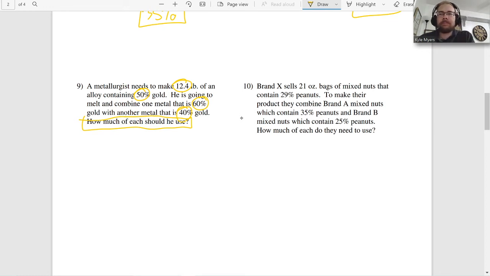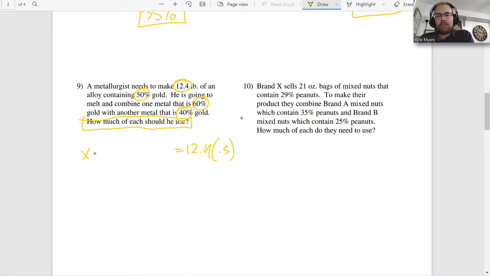Okay. He needs to make 12.4 pounds of an alloy containing 50% gold. So the end product is 12.4 pounds and it's 50% gold. He's going to melt and combine one metal that's 60% gold.